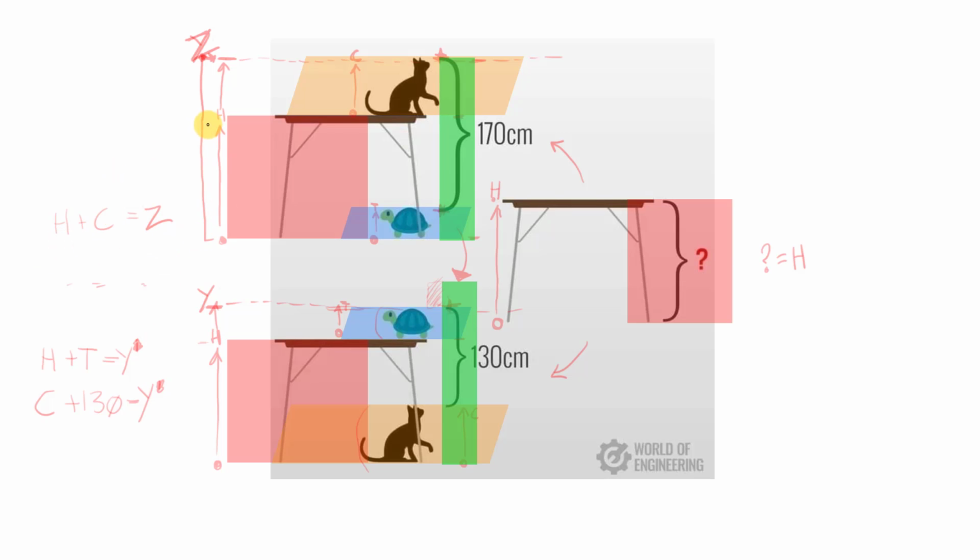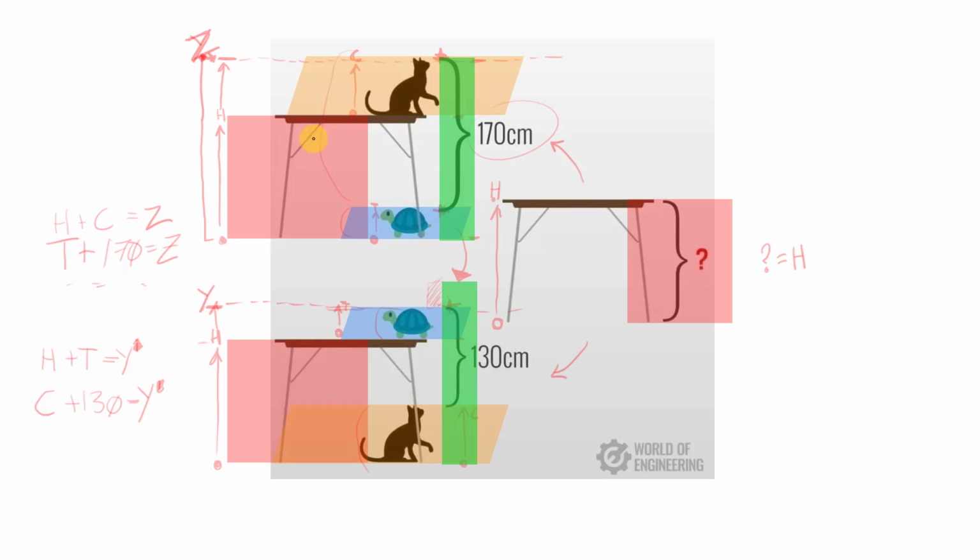So we have the height of the table plus the cat equals z. Let's go on the other side. We've got the turtle here, right? So the turtle, not the cat, plus how much? 170 centimeters, which goes past the table, right? 170 equals z.